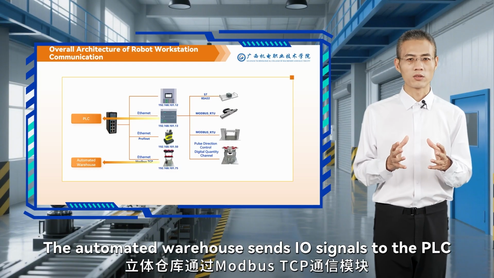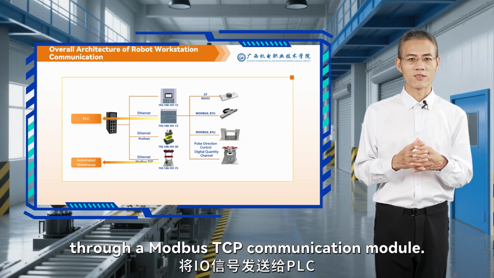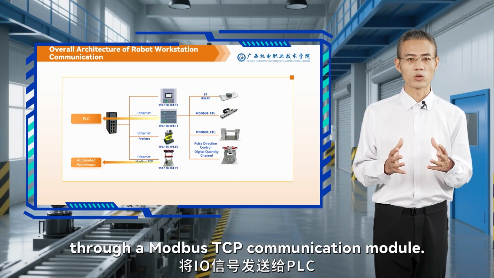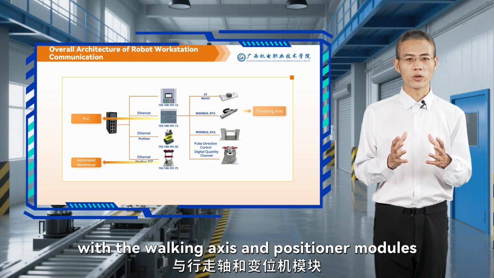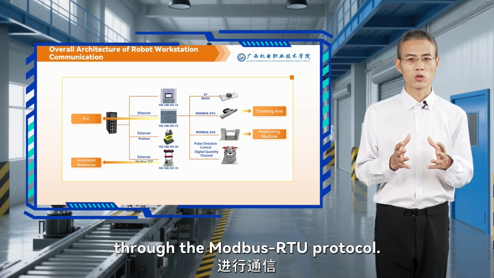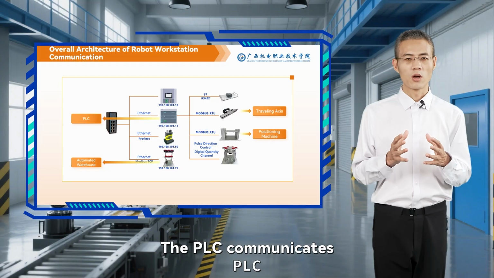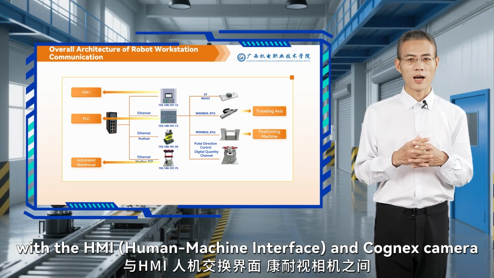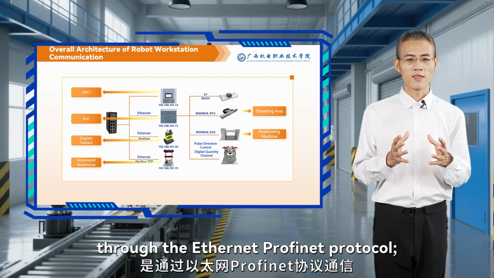The automated warehouse sends I/O signals to the PLC through a Modbus TCP communication module. The PLC communicates with the working axis and positioner modules through the Modbus RTU protocol. The PLC communicates with the HMI and convex camera through the Internet Profinet protocol.